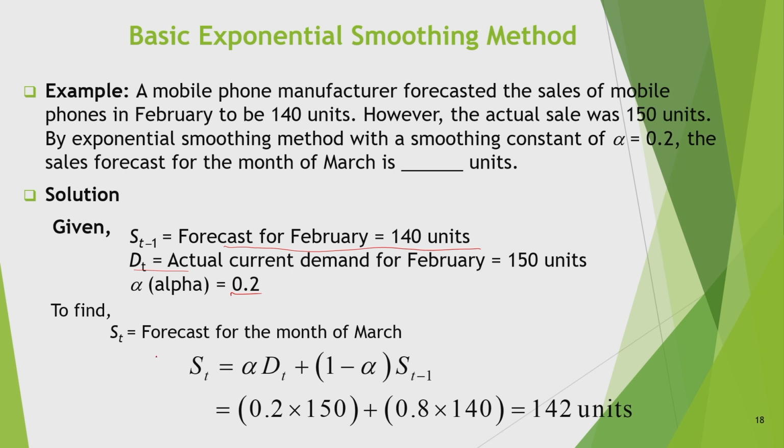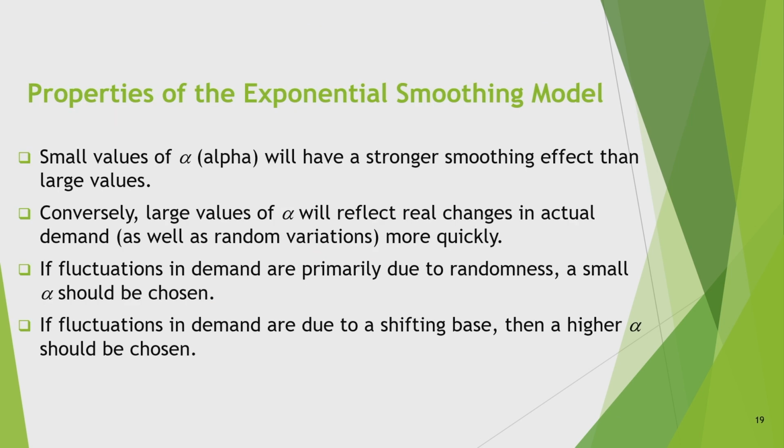So, to find S(t), that means the forecast for the month of March, S(t) is equal to alpha d(t) plus (1 minus alpha) S(t-1), that means 0.2 into 150, because 150 is the actual sale, plus 0.8 into 140. So, it comes out to be 142 units. So, we will say that it is 142 units.